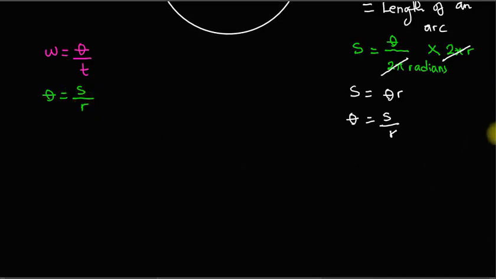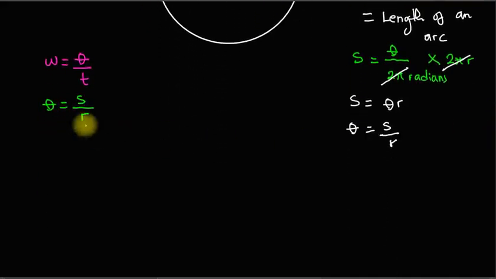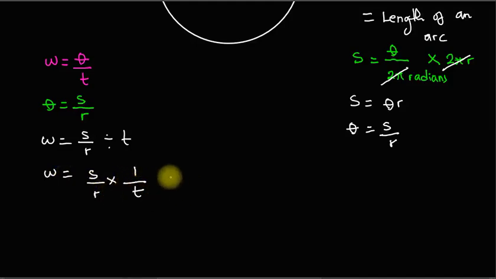I didn't say what r was. R is the radius of the circle. And now we can substitute. So substituting, we have W. In place of theta, we put S over r divided by time, which means W is equal to S all over r times 1 over t. So this is going to be equal to 1 over r times S over t.